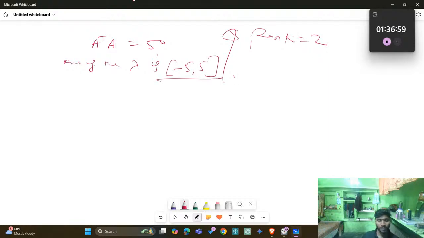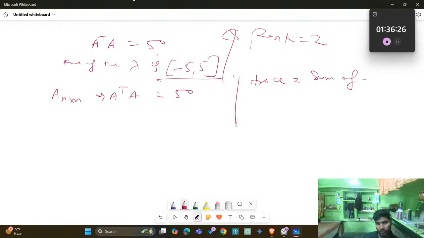Right? So let's do it. Let A be an n cross n matrix. Then A transpose A is equal to... trace. So what is trace? For any matrix, trace is equal to the sum of eigenvalues. Eigenvalues always, right?